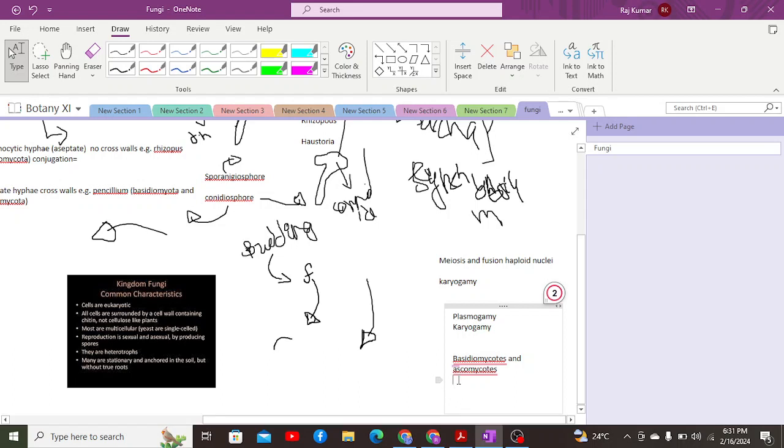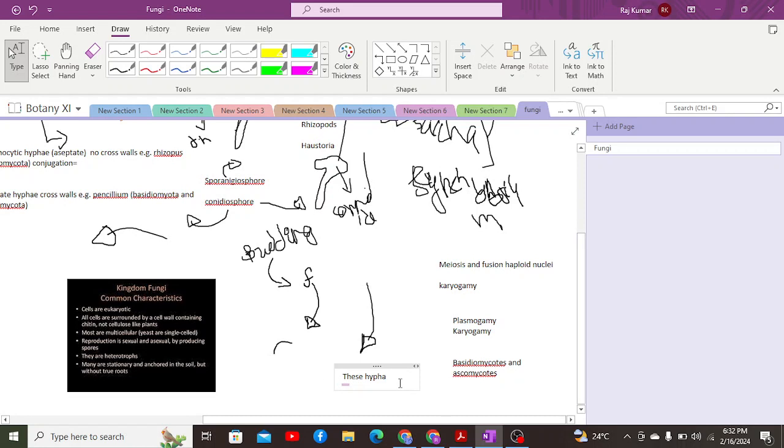In this case, this process would be occurring in the hypha, because the hypha is responsible for asexual or sexual reproduction. So we will consider that cell as a hypha.